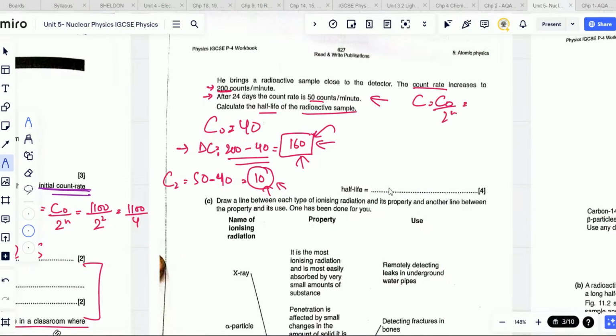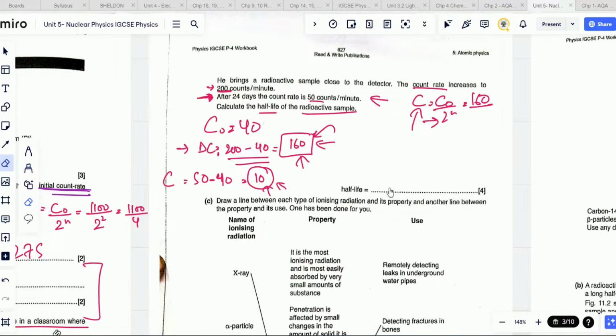C naught over 2 to the power n. This value of 2 to the power n basically tells us the current count rate. This was the original count rate, and this is the current count rate. How much is the current count rate? That is 10. Do you get my point?